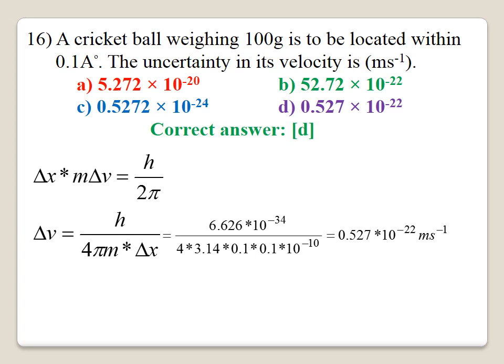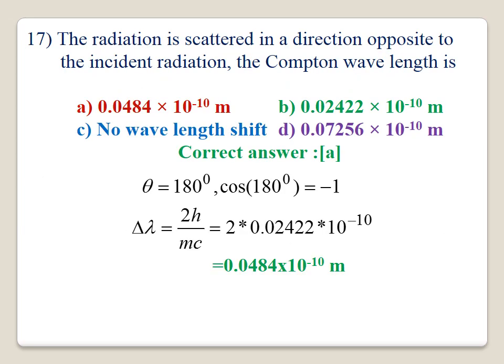You substitute it, you will get 0.527 into 10 to the power minus 22 meter second power minus 1. Option D is correct.